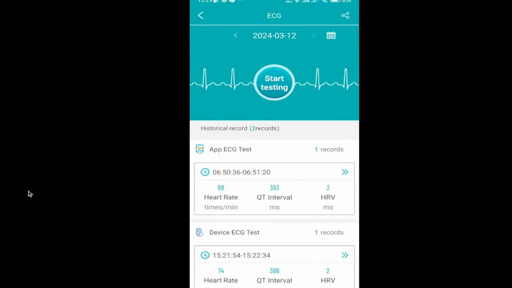Okay. Now let's look at something you're probably familiar with, because some of the commercial watches are now having this option, which is the ECG test. So the ECG measures your heart rate over several periods, and it measures the variation of the heart rate, so how stable it is.